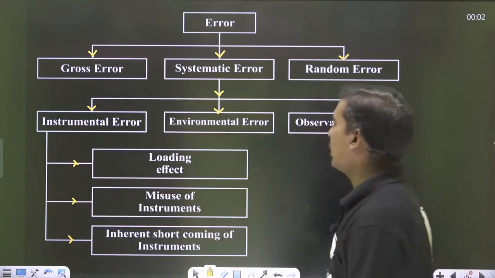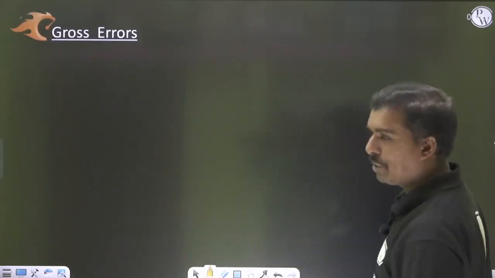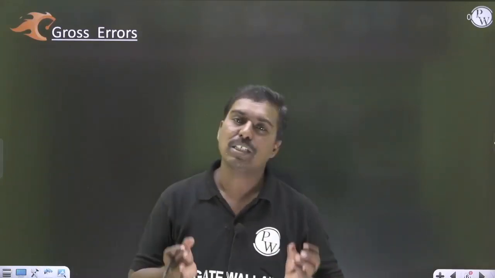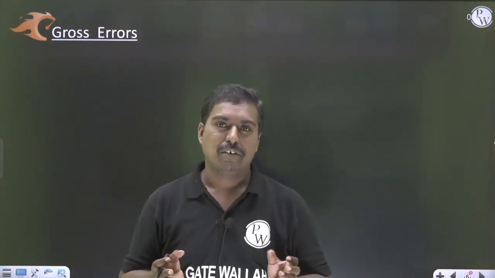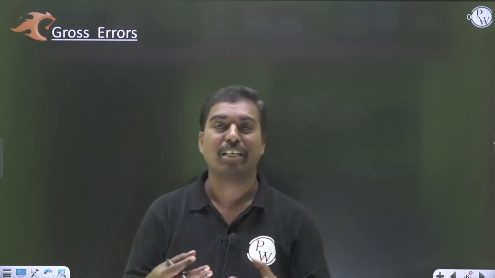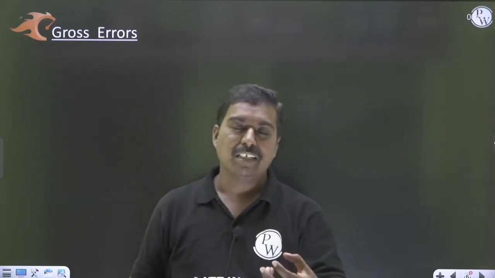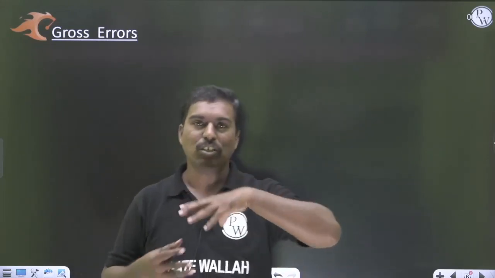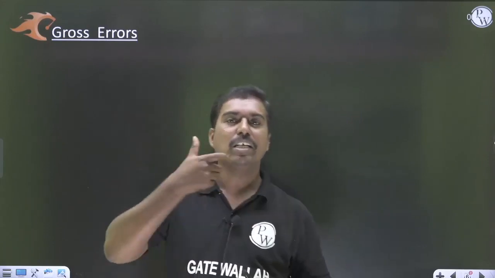First of all, what is gross error? Generally, when you are using the instrument, human beings have a certain tendency to commit mistakes in connecting the instruments, in taking the readings of the instrument, or in recording the readings.